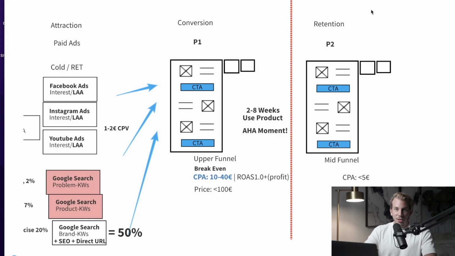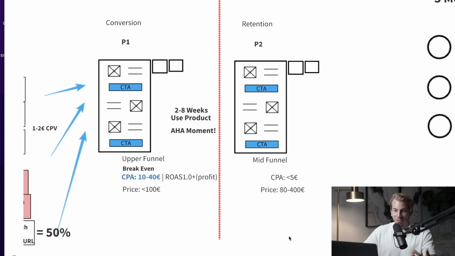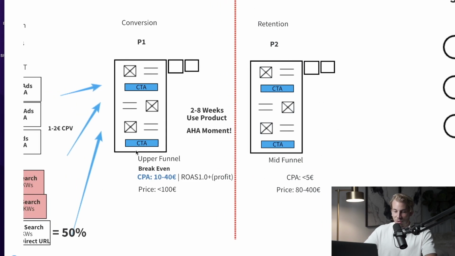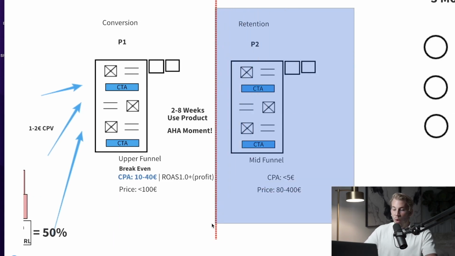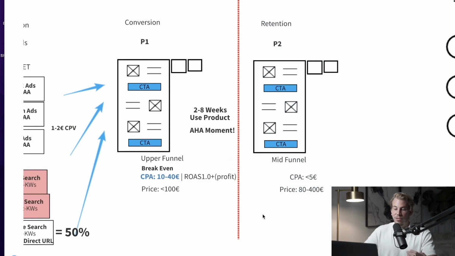Then you basically created 300 P2 purchases for 20 euro remarketing reach cost, which is way cheaper than your initial customers. Because here on retargeting, you have way higher CTRs, way lower click costs, and way higher conversion rates because people already trust your brand.